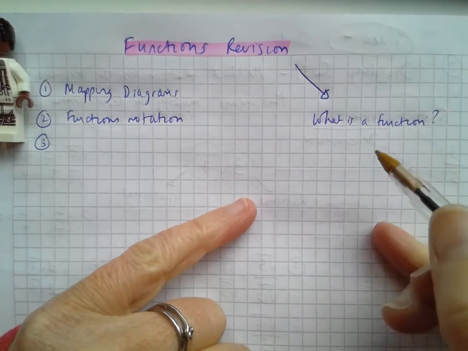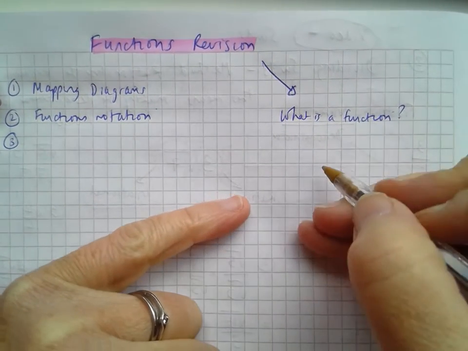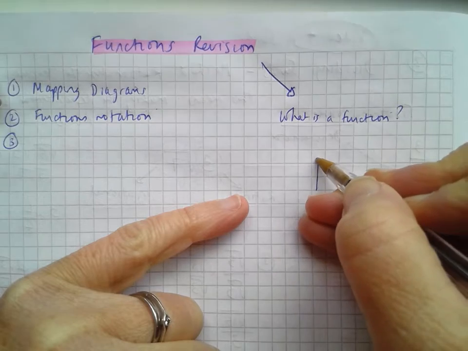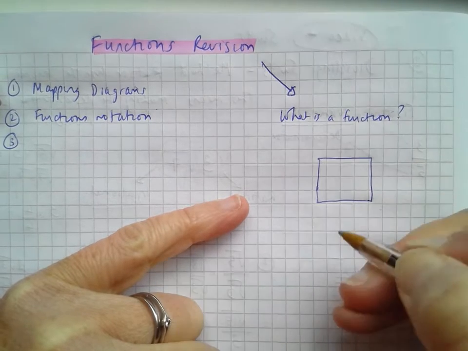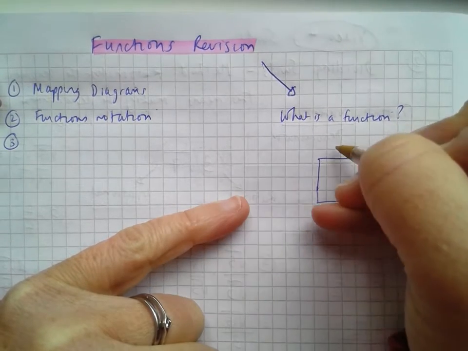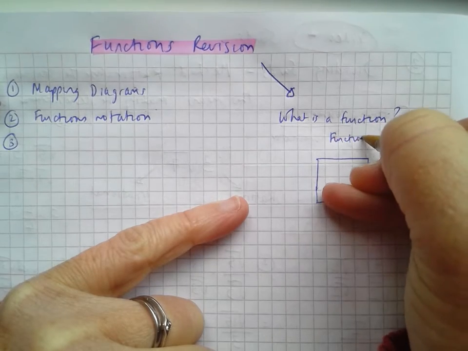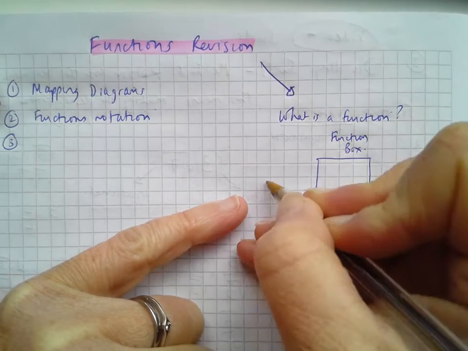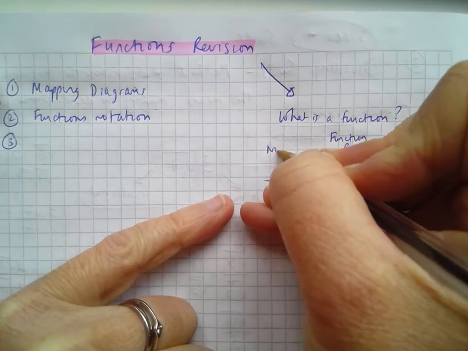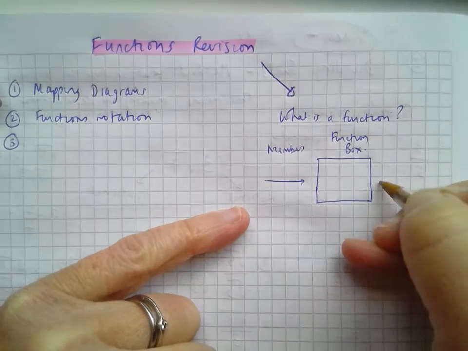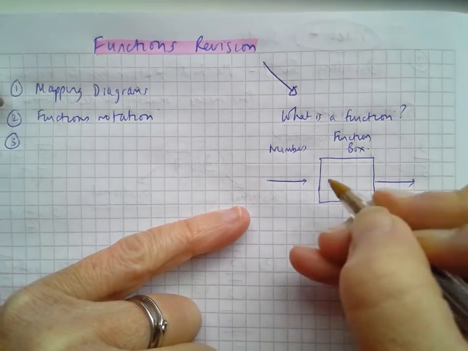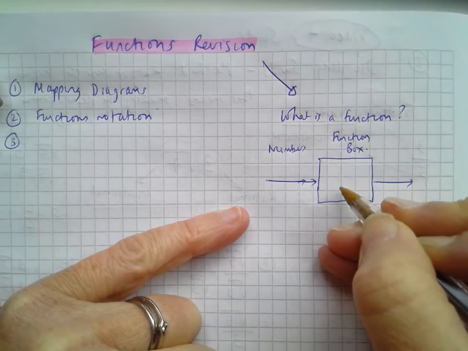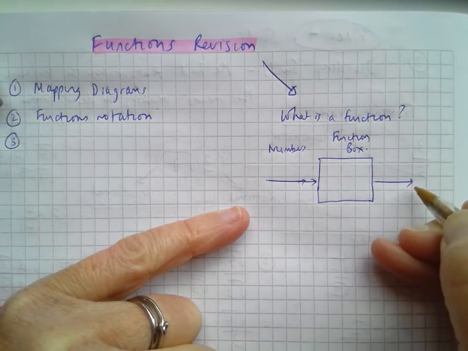If I draw a picture to help you understand, a function is like a box. So this is a function box, and what happens is we feed numbers into the function box and we get numbers out. A bit like in a factory, you feed something into the box and the box does something to the numbers and puts numbers out.